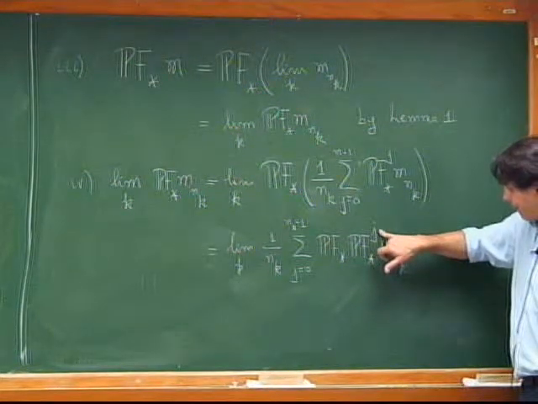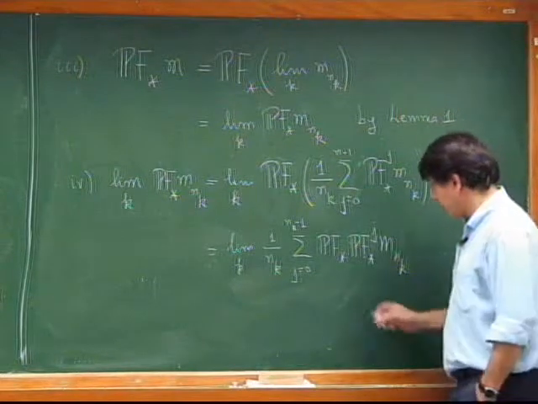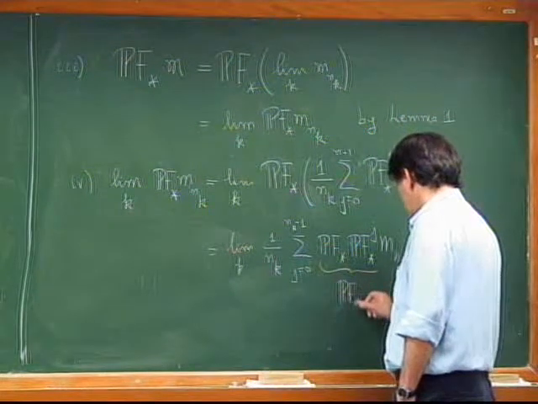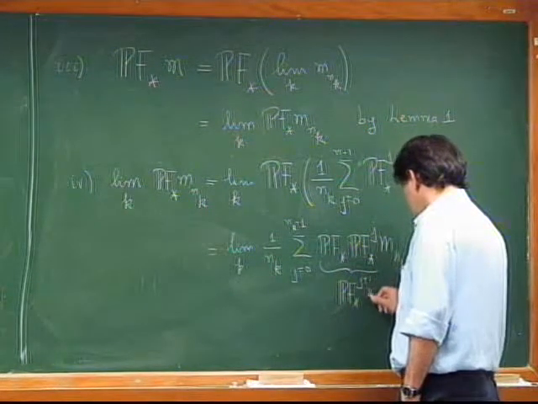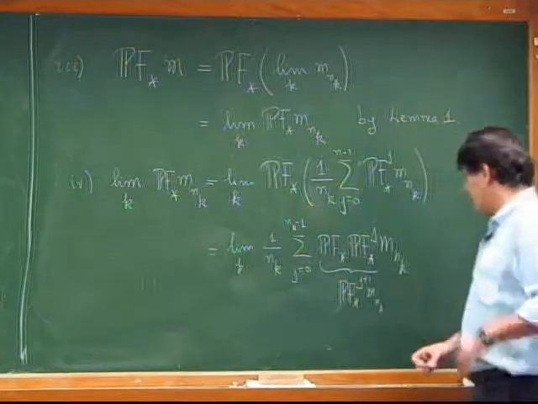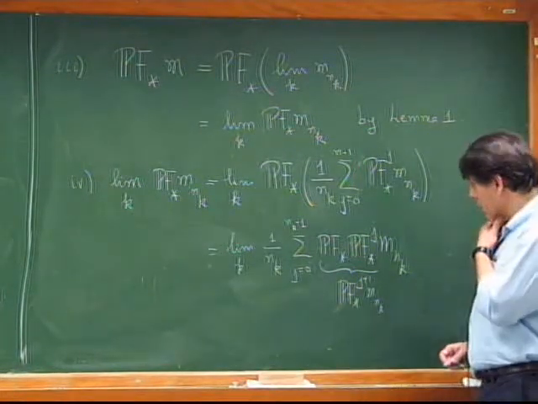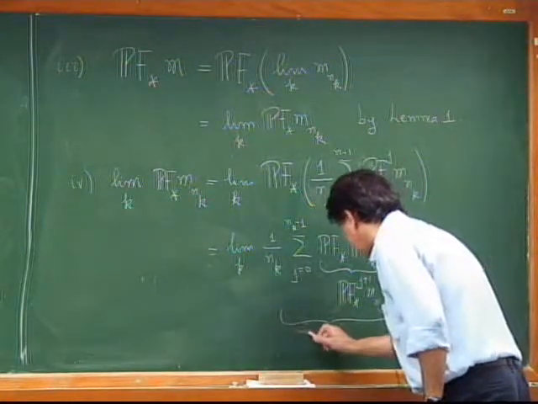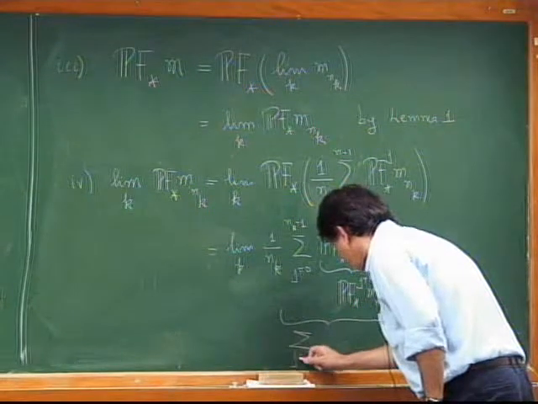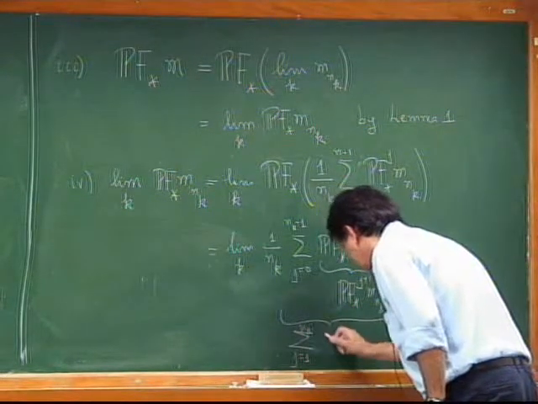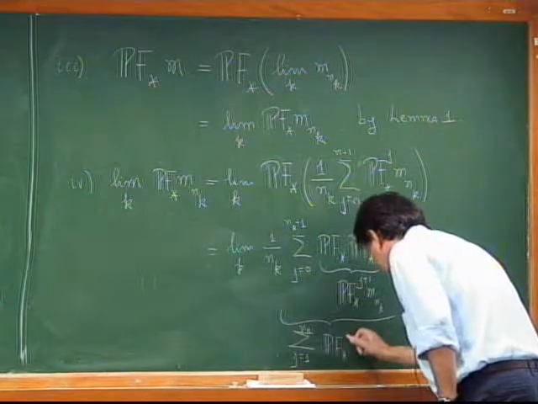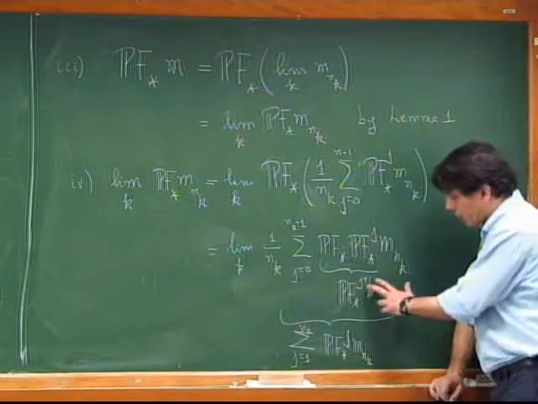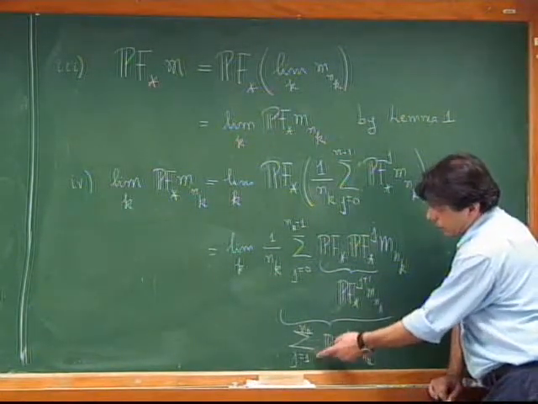So this I can replace by Pf star j plus 1 of mnk. But I can do better than that. I can say that this sum is the sum j from 1 to nk of Pf star j of mnk. Instead of writing j plus 1 here, I prefer to displace the variable.